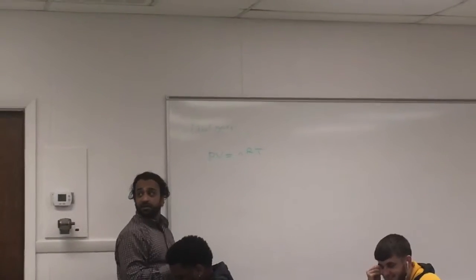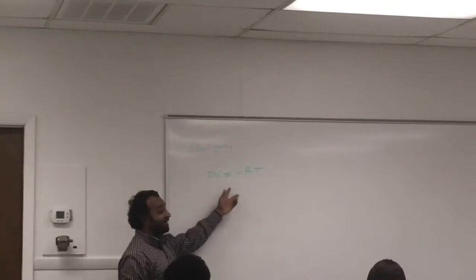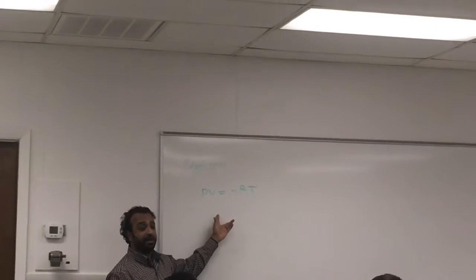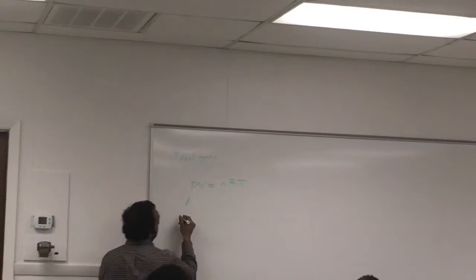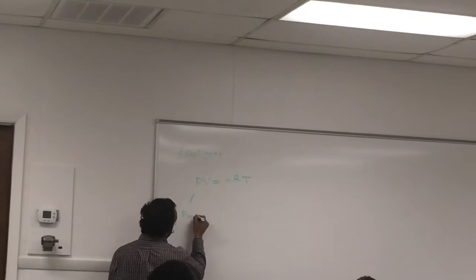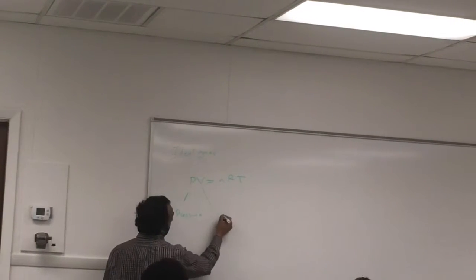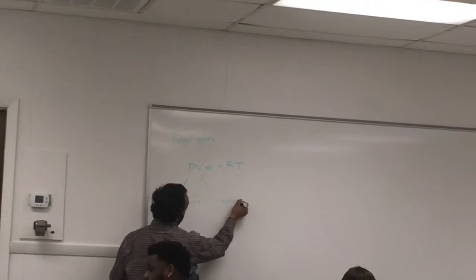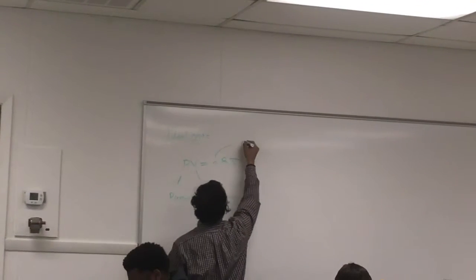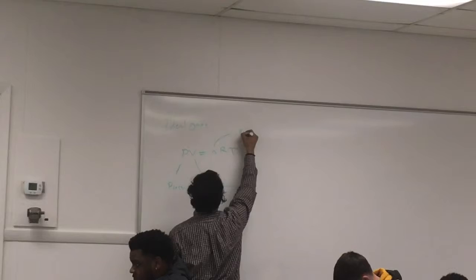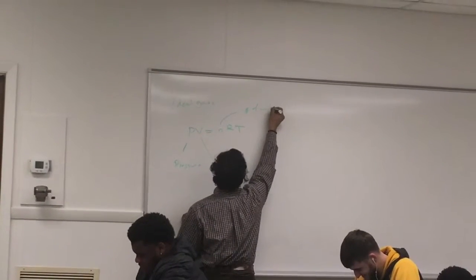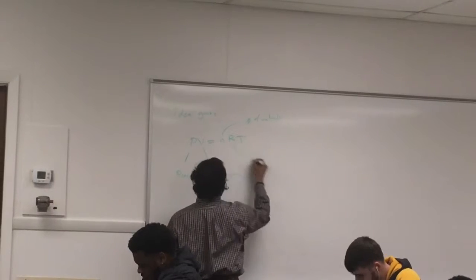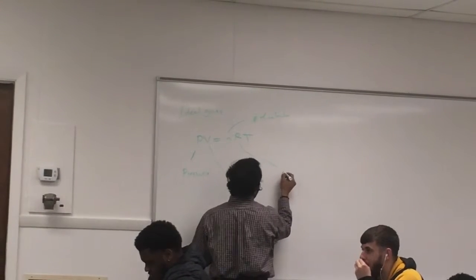If any gas fits this equation, it's going to be an ideal gas and it will behave in this manner. Why do we need to know that? This is the pressure. This is the volume. This is the number of molecules. This is the ideal gas constant.